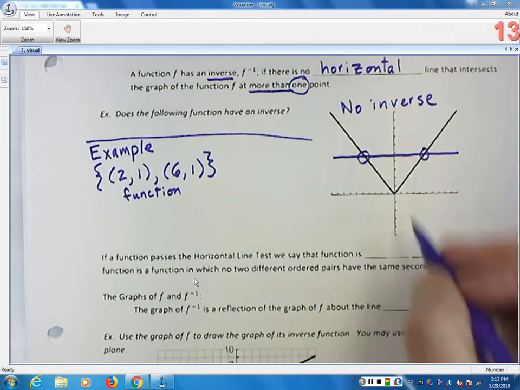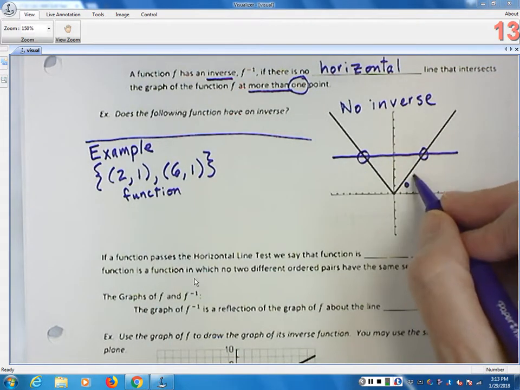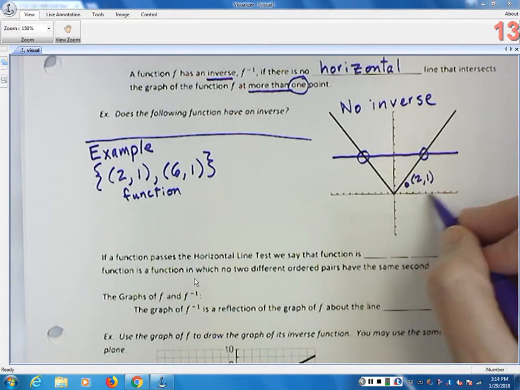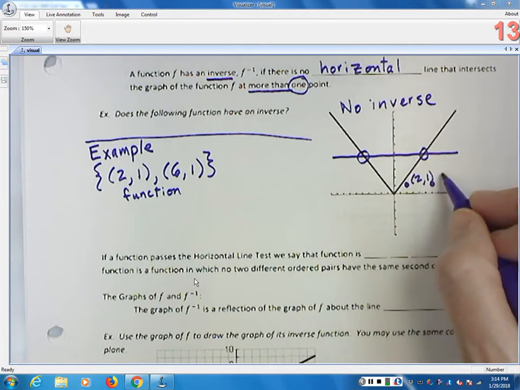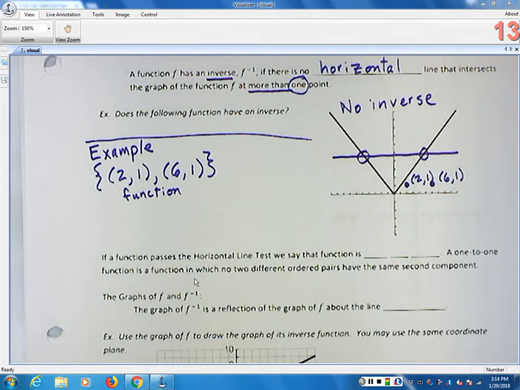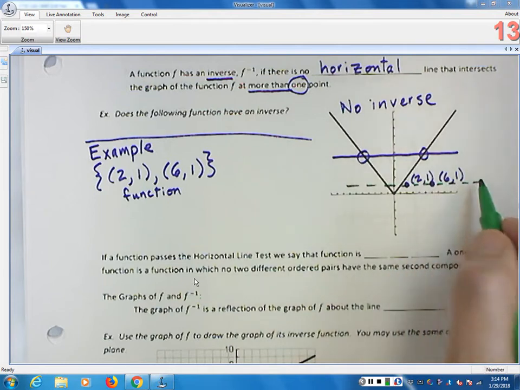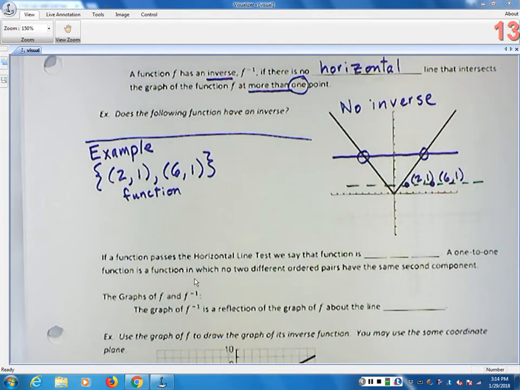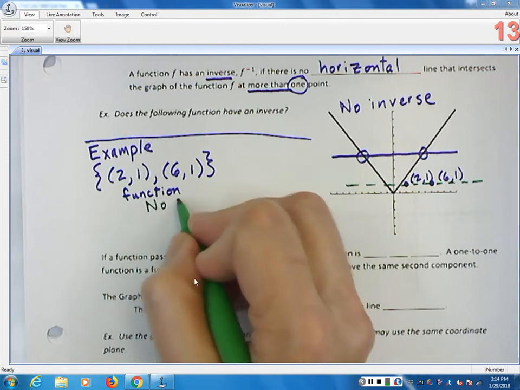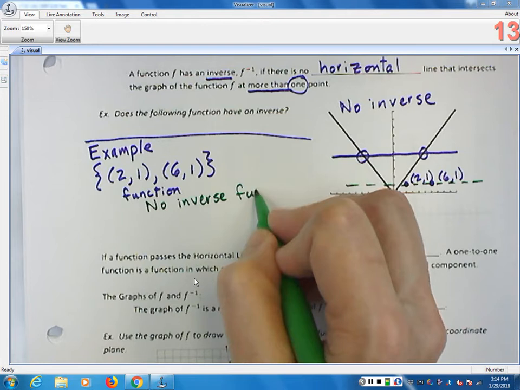If I draw these points over here, 2, 1, and 6, 1, because you can draw a horizontal line through them and go through both points, this does not have an inverse.